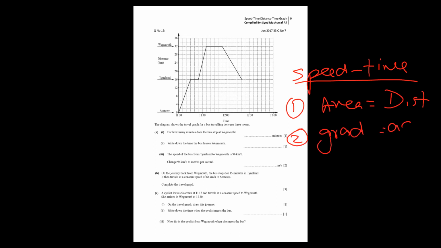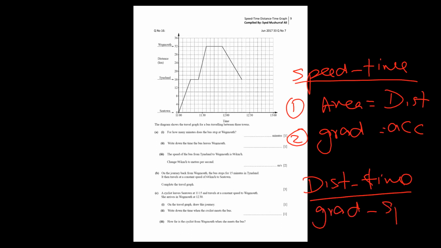But in a distance-time graph, we have only one rule, and that is the gradient of the line is speed. So he's asking the speed of the bus from T to W, two cities, T here and W here. Indirectly, he's asking about this speed, so I will find the gradient.